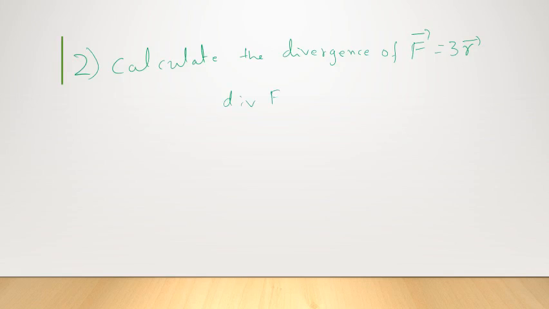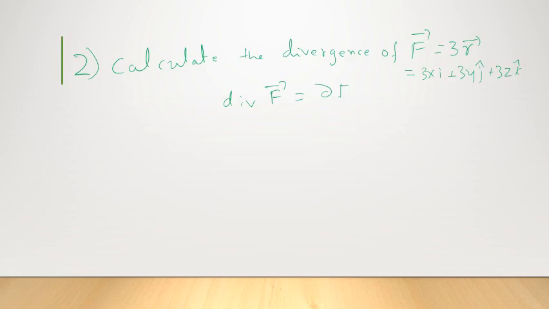This vector can also be written as 3x i plus 3y j plus 3z k.